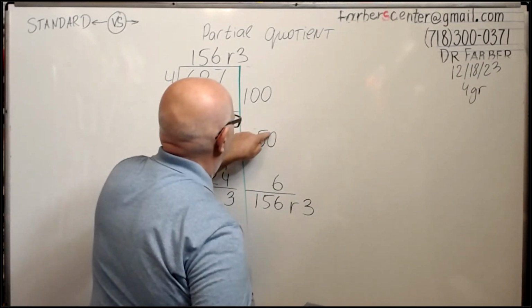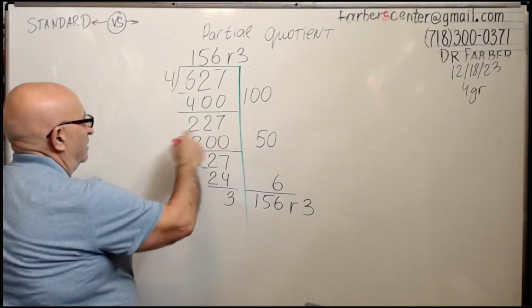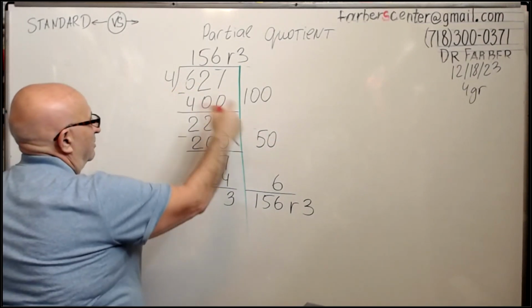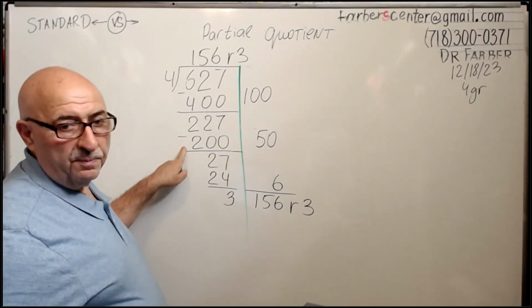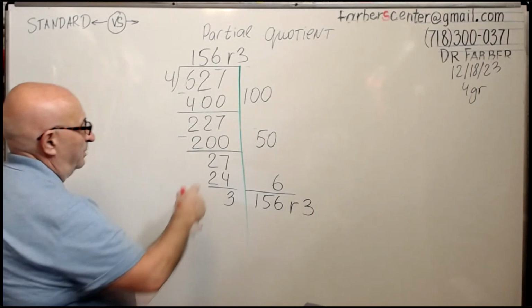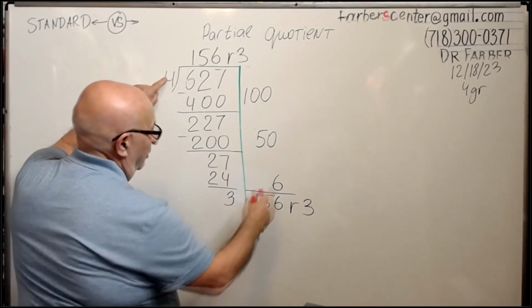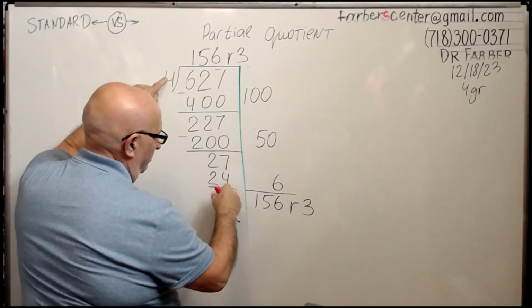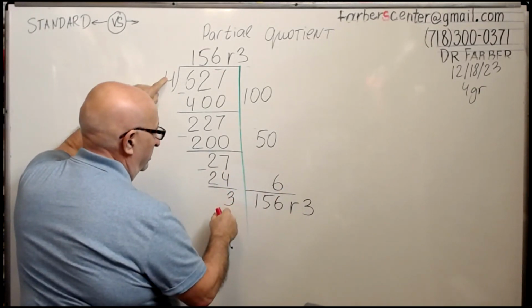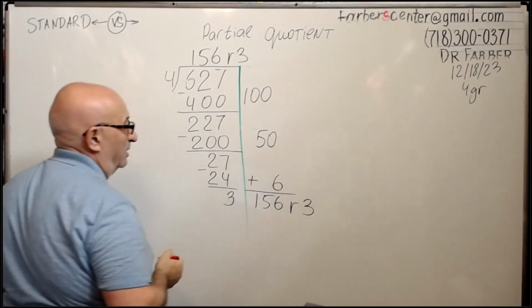Choose another convenient number which does not exceed this one, because 4 times 50 is 200. So far, so good. Now, when you subtract, you get 27. You know 6 times 4, 24, third grade. You write 24. After subtraction, you get 3. The next step, you add them up. You get 156, remainder 3.